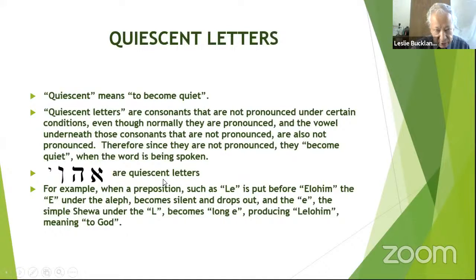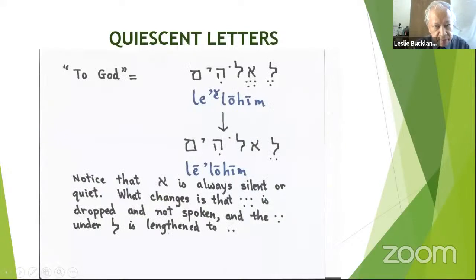Okay, let's see if there's an example here. So here it is. To God equals, originally it would be le, that is Lameth, with the Segol underneath it. Now, why is it I don't have the simple Shawa?